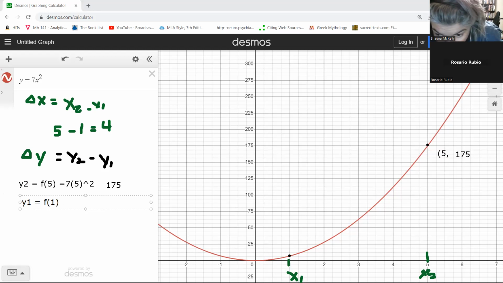And if I plug 1 into the function they gave me, I get 7 times 1 squared. And 1 squared is 1, right? And so that's 7.